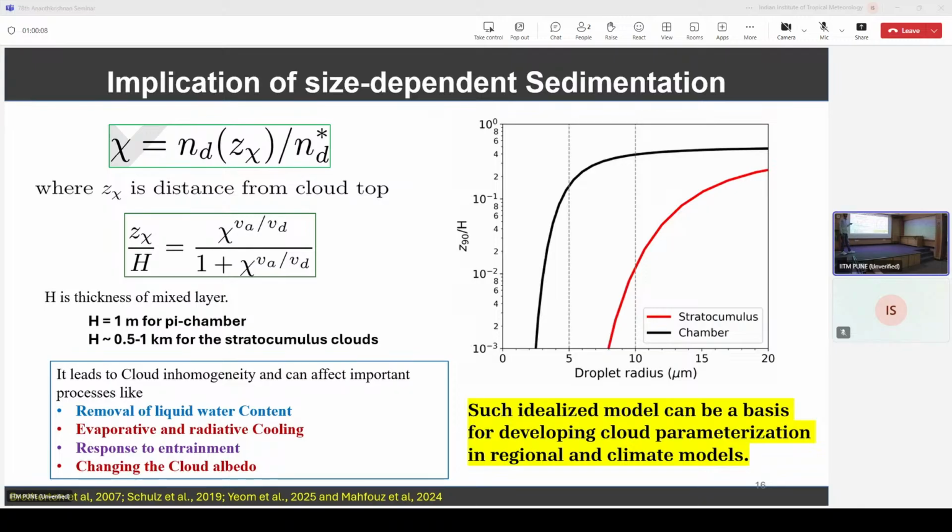And as we highlighted in the introduction, those 20 meters in the cloud top layer play a key role in evaporative cooling, radiative heat transfer and many other processes, such as entrainment. Such things play a key role especially in the removal of liquid water content, evaporative and radiative cooling, and of course the response to entrainment and the cloud albedo. Such a mathematical explanation is quite simple, and it can be the basis for developing cloud parameterization in regional and climate models.